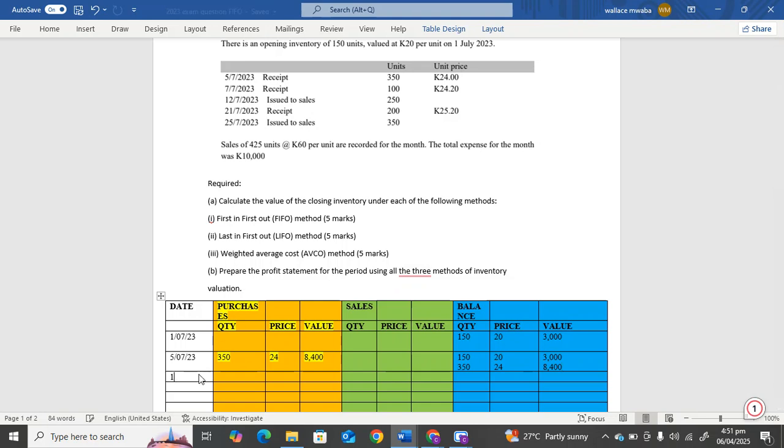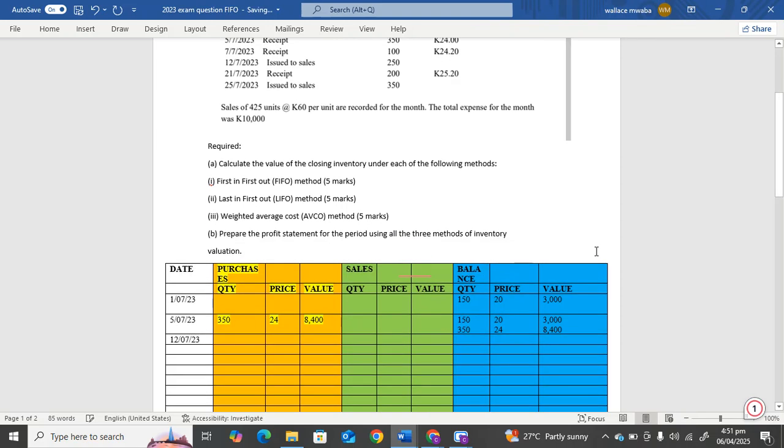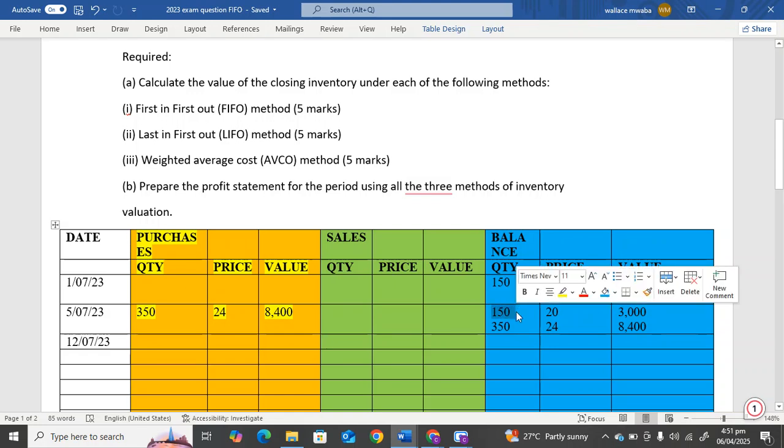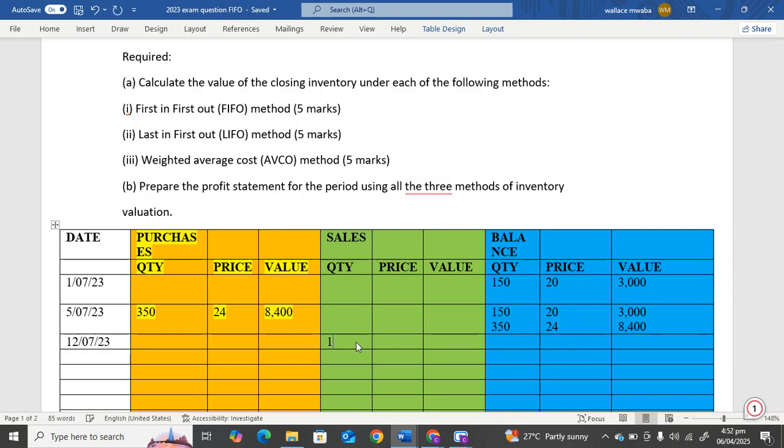So on the 12th of July, we sold 250 goods. Now, this is where you need to pay attention, because this is first in, first out. The goods that came in first are these 150 units. So on sales, we put 150 units at 20 kwacha, and here 3,000.